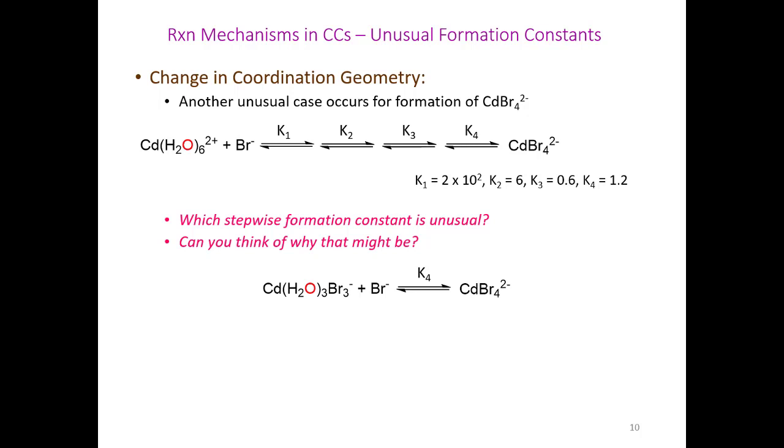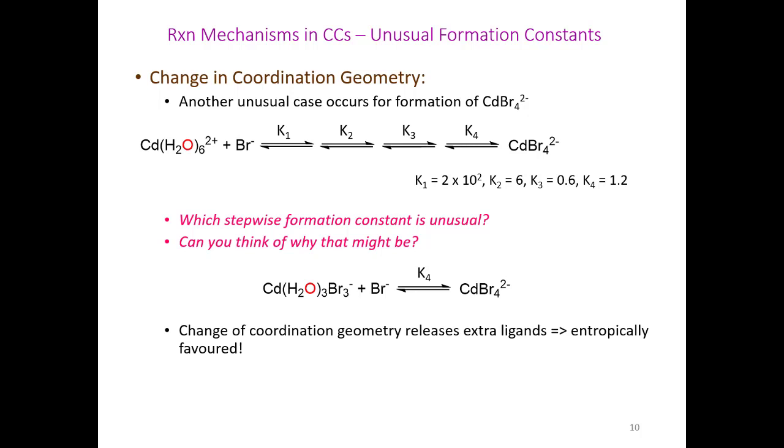You can see you're going from triaquatribromocadmate(1-) to tetrabromocadmate(2-). And what you should be able to recognize is you're going from octahedral to tetrahedral. So the change of coordination geometry is actually releasing a lot of extra ligands, right? You're going from a coordination number of 6 down to 4. So this releases a lot of ligands.